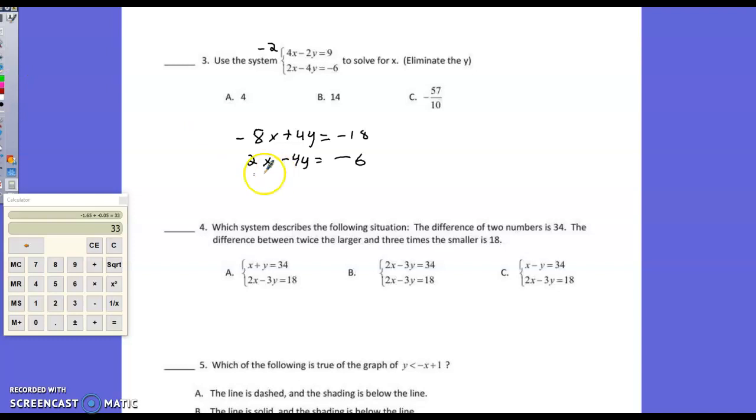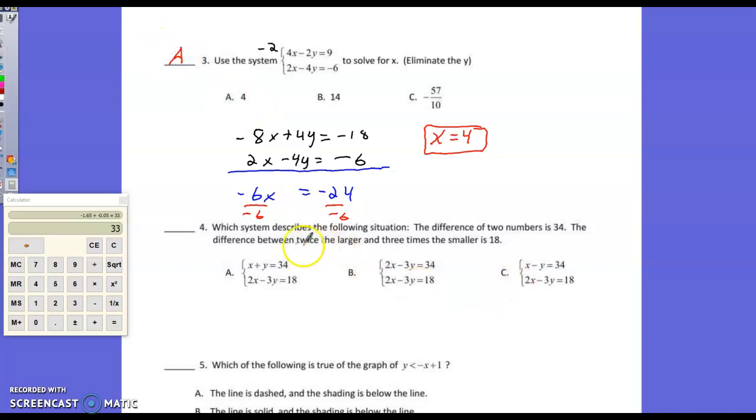Then I can combine these. So this would be negative 6x. Those cancel out. Equals negative 24. Divide by negative 6. So then I get my x equals 4. And since I'm only solving for x, I would then be able to do that problem.